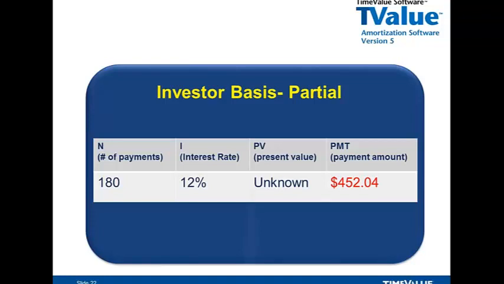When you do the calculation, you want to enter in the cash flows that you are looking to buy, the cash flows that you want to discount back at your yield to figure out what you should pay. So if I'm going to sell off half the payment amount, or the $452.04, I would then discount that back at 12%, solve for the present value.